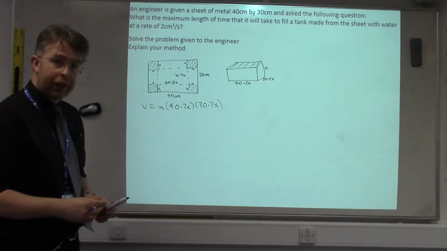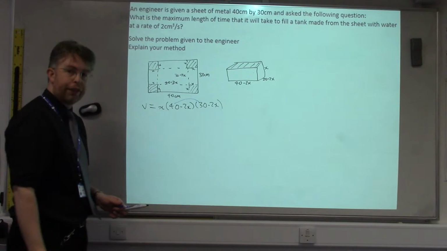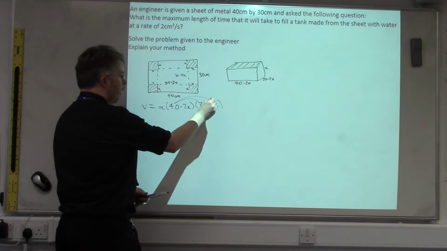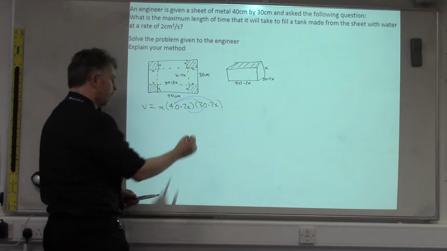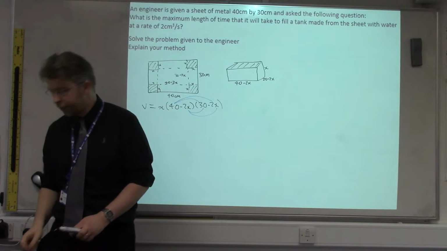And before we can use differentiation, we need to multiply this expression out. So we need to do, I'm going to start with the quadratic bracket, 40 times 30, 40 times minus 2x, minus 2x times 30, minus 2x times minus 2x.